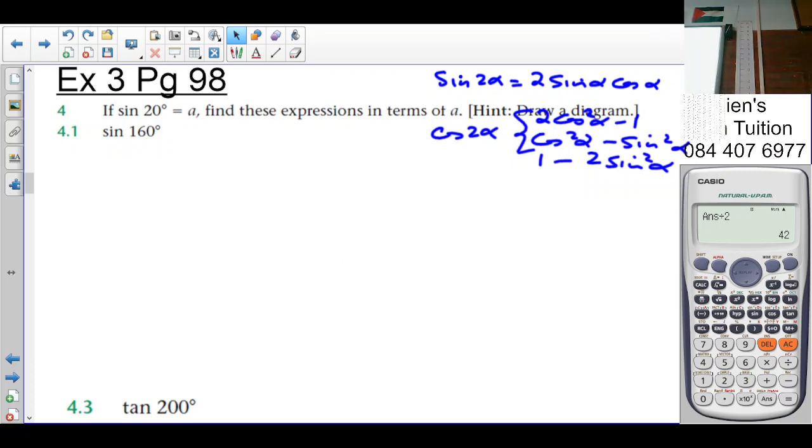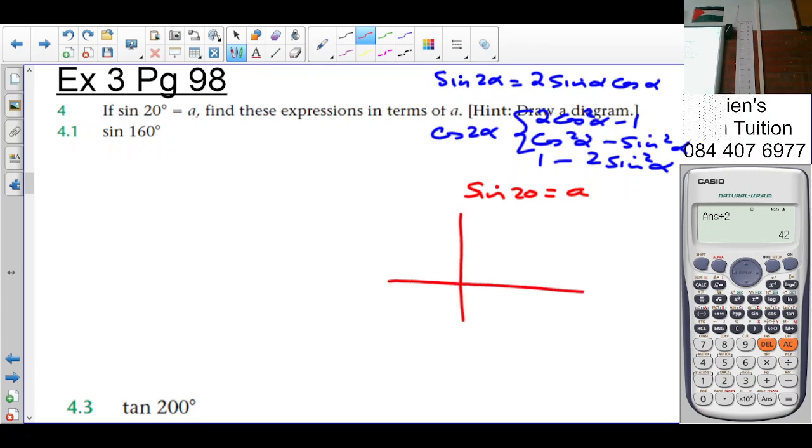If sine 20 is equal to a, express the following in terms of a. Hint: draw a diagram. This is in the first quadrant. For those of you who marked your assignment, that is not drawing a triangle in the first quadrant.